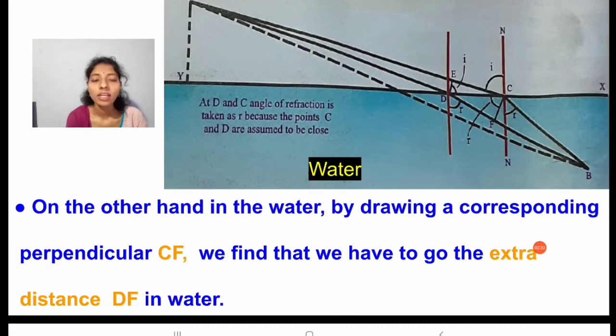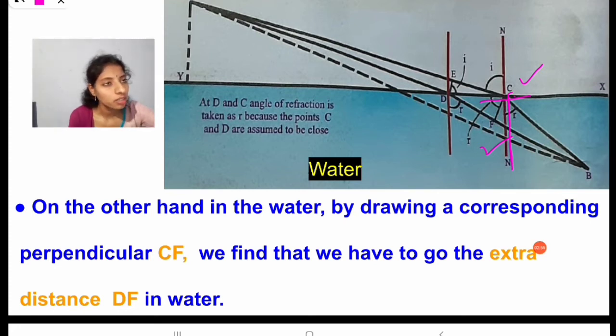On the other hand, in the water, by drawing a corresponding perpendicular CF, you can see here this is C and this is F. When we draw a perpendicular inside the water, CF, we find that we have to go the extra distance DF in water.